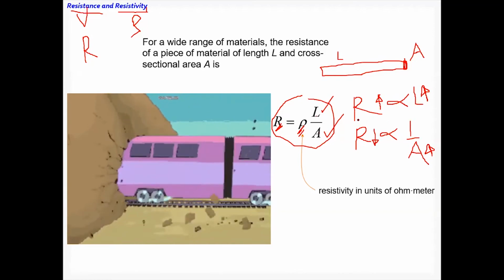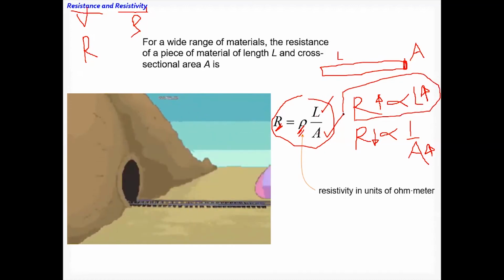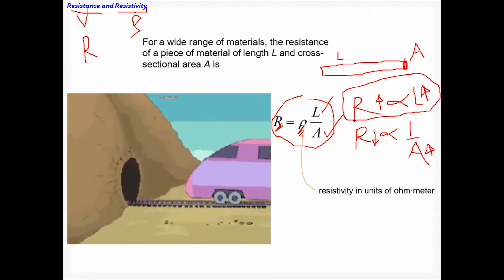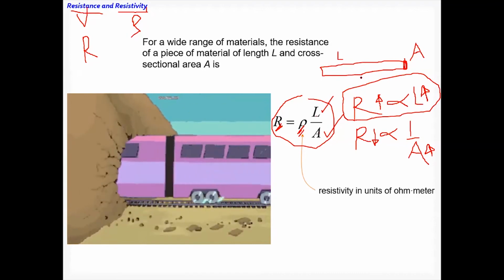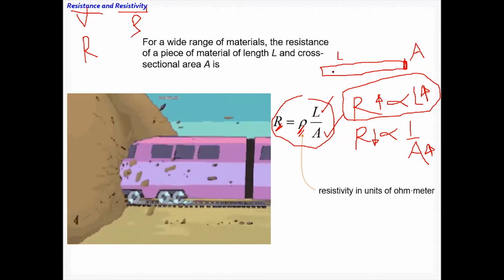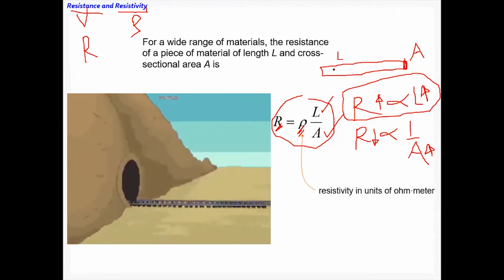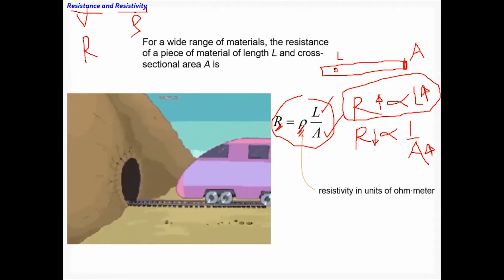So let's see whether this makes sense. If the length of the wire increases, what happens to the resistance? How do you get the resistance? Resistance is the collision of electrons with the atoms, right? Suppose there is an atom here, and an electron is coming here.